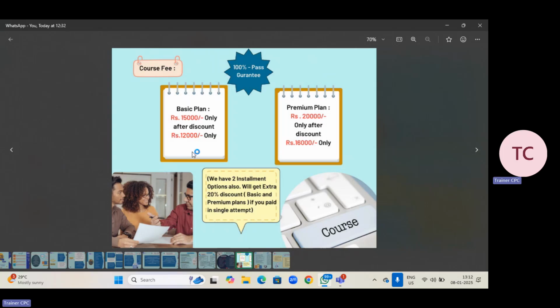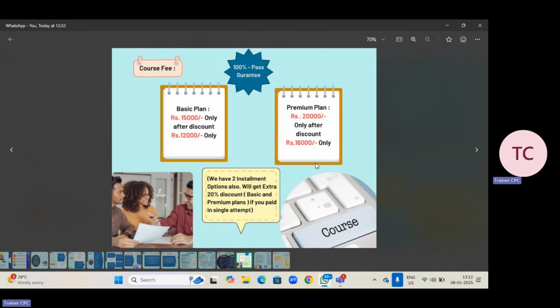So from 12,000, there will be a further 20% discount. Similarly, for the premium plan, which is 16,000, if you pay in a single installment, you will get 20% discount from this 16,000 rupees.